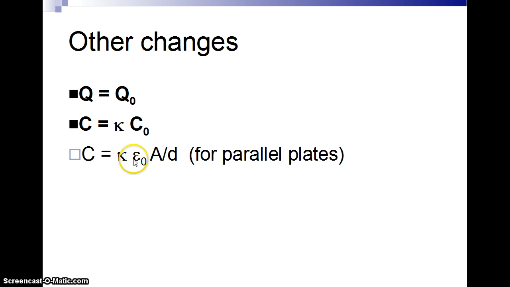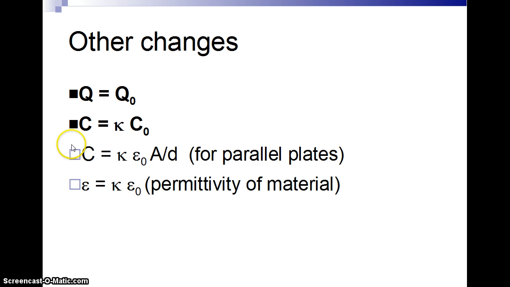For a parallel plate capacitor, we can rewrite that as kappa epsilon 0 A over D. And instead of writing kappa epsilon 0 every time, sometimes we write that the parallel plate capacitor is epsilon A over D, where there's no longer a vacuum there, there's actually a material. So that epsilon without the 0 tells you there's a material in there. And so it takes more energy because you can build up more charge to get to that same capacitance.